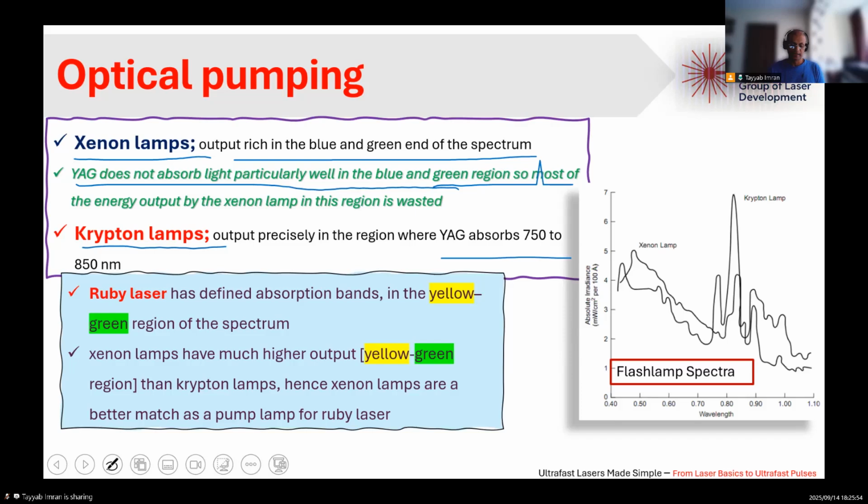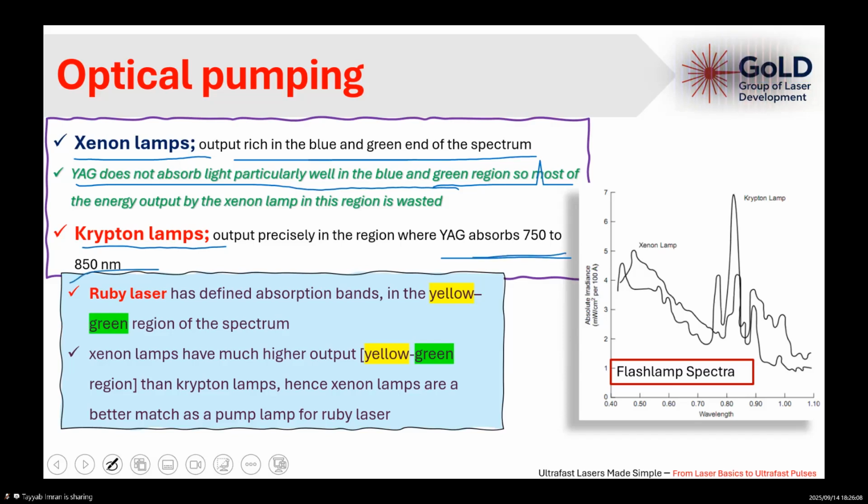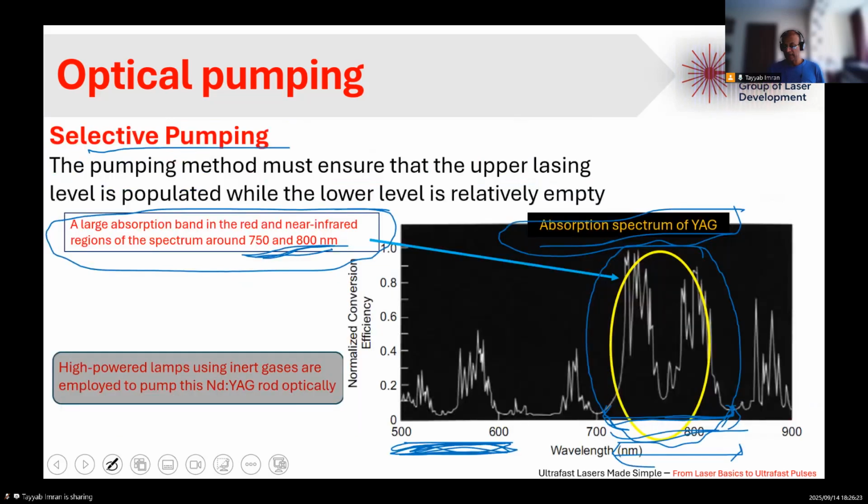The xenon lamp emits light in the blue and green region, something like 400 to 550. The krypton lamp emits around this region, which is suitable for the YAG laser. So in this case, we have to use a pump source which covers this portion.